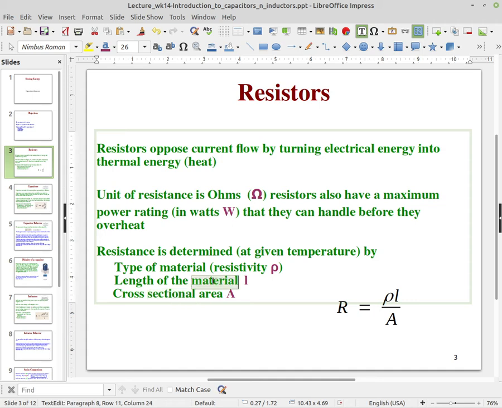So if the length of the resistive material gets longer, then the current's going to have to pass through more of it. That's going to increase the resistance. But if it has a larger cross-sectional area, it has more ways to pass through, and therefore the resistance will decrease.